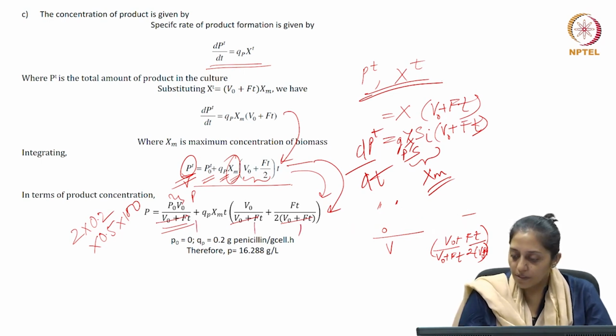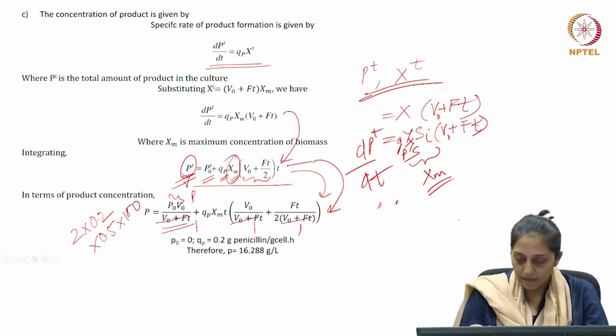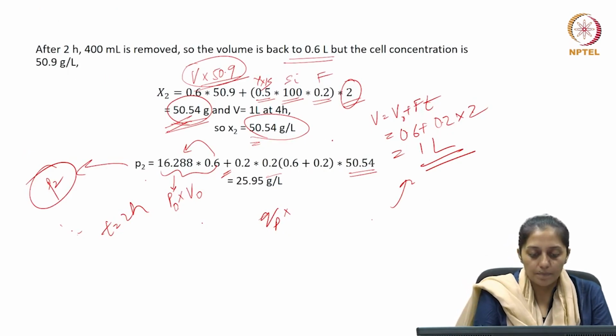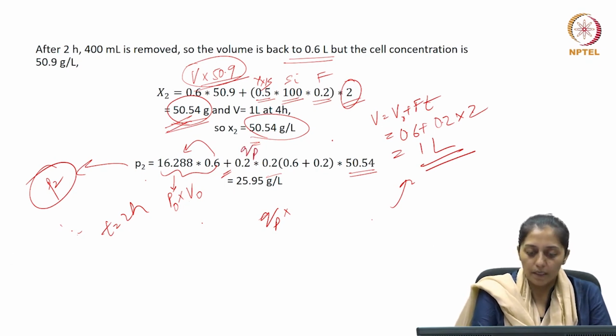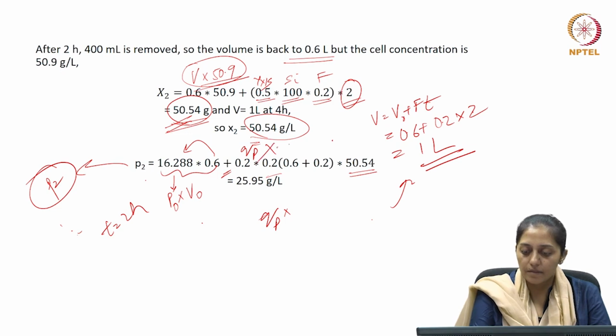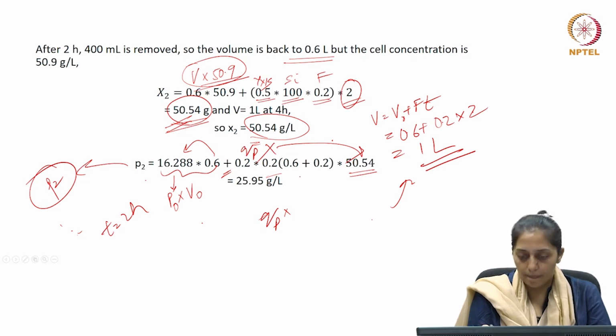So, for this problem, this can be simplified as shown here as P naught times V naught plus Qp times x, which is here the steady state concentration, multiplied by the time 2 hours.